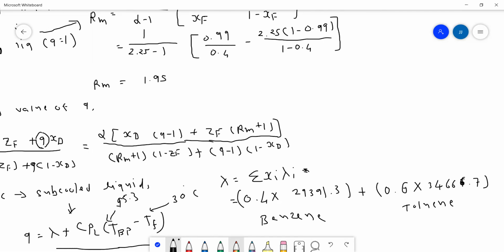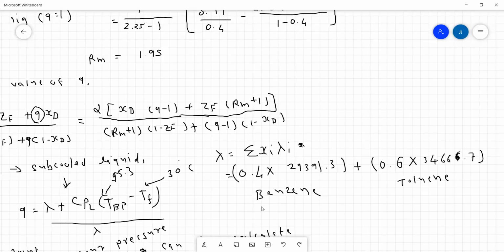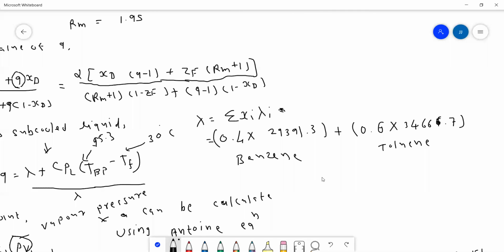So now the latent heat of vaporization of feed, lambda, becomes equal to, you will get 32556.5 kilojoule per kilomole.